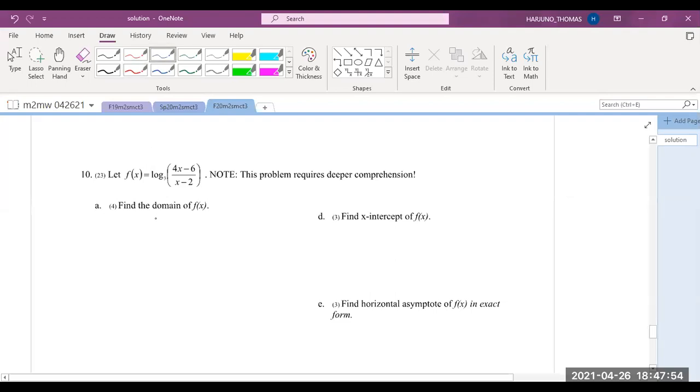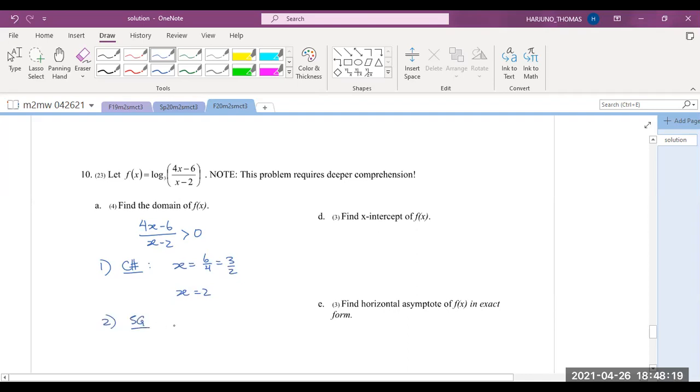Part A, find the domain of this function, log of blah. So the blah has to be positive. Okay, so critical numbers, x equals 6/4, which is 3/2, and x equals 2, that makes it undefined.